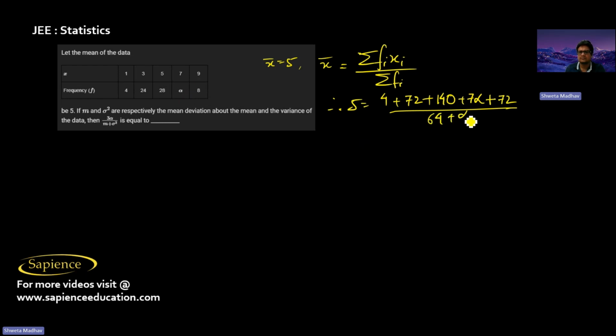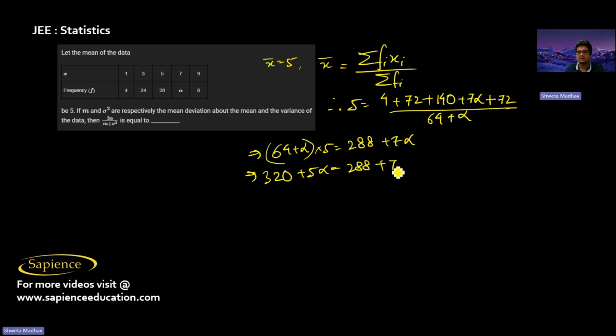64 plus alpha. So 64 plus alpha into 5 is equal to 72 plus 72, that is 144, plus 4, that is 148, plus 140, that is 288, plus 7 alpha. So 5 into 64, that is 320, plus 5 alpha, is equal to 288 plus 7 alpha.